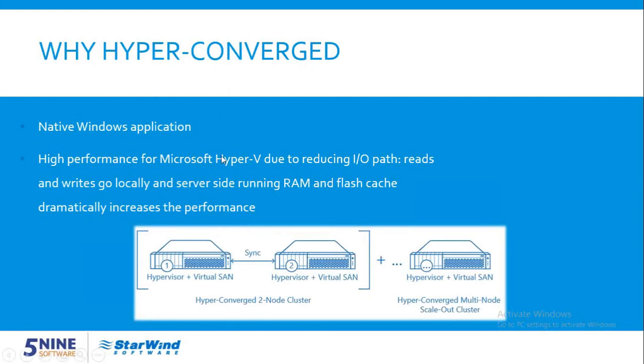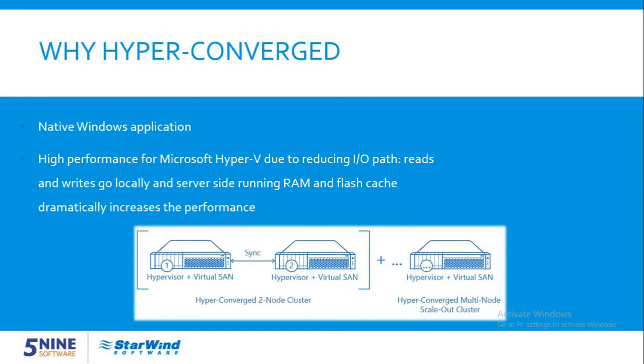And also, we get really high performance since we're dramatically reducing the I/O path. From the virtual machine, you're not going down to the hypervisor, then networking, then eventually hitting storage.